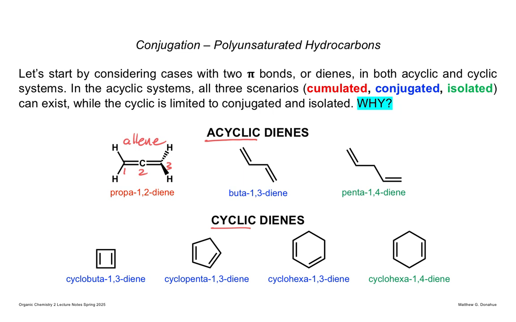For the conjugated system, if we number 1, 2, 3, 4, you can see the start positions are at 1 and 3, and so they're separated by a sigma bond. And then the isolated system, 1, 2, 3, 4, 5, they're now separated by an sp3 hybridized carbon.